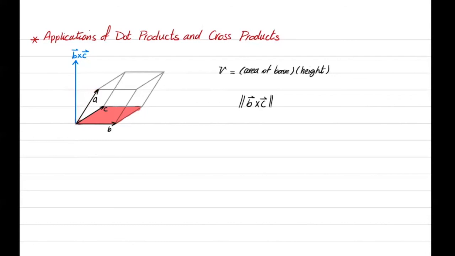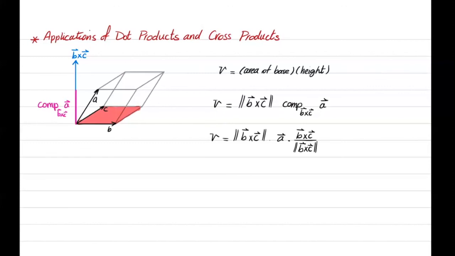So as we know, this distance will be equal to the component of vector A on the cross product of vector B and C. So here, this distance will be equal to the component of vector A on vector B cross C. So the height is equal to this, and we know that this component is equal to this.